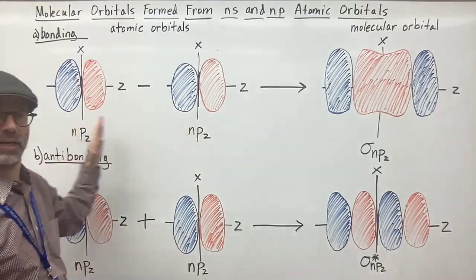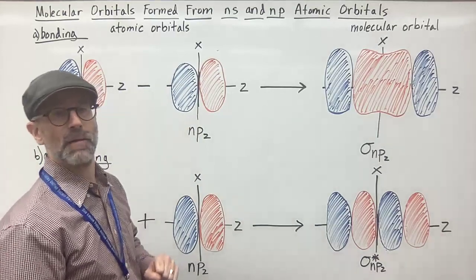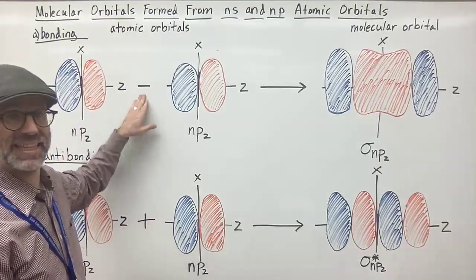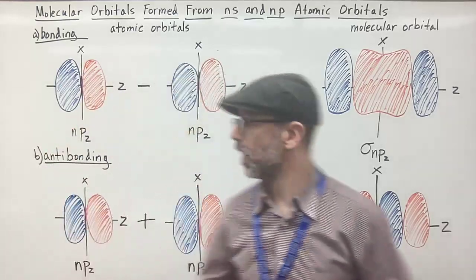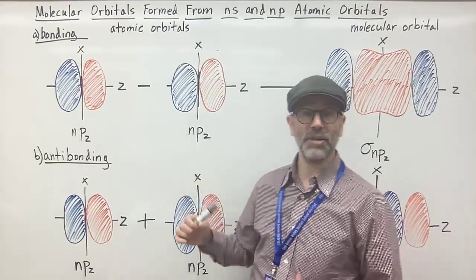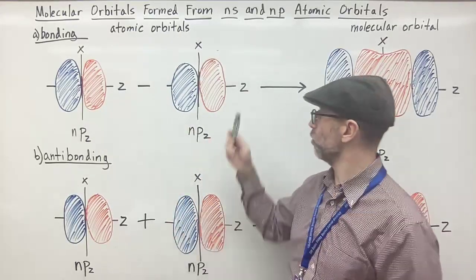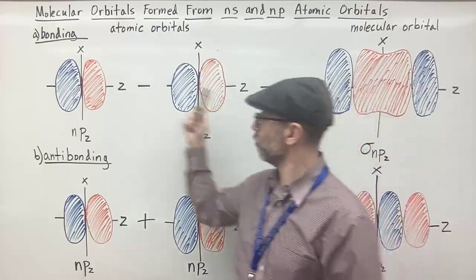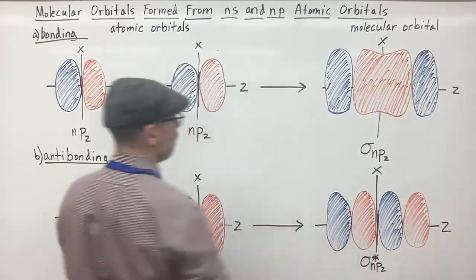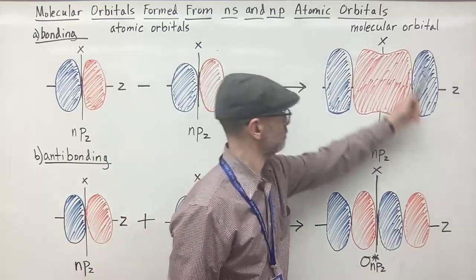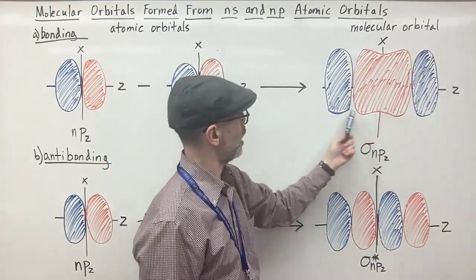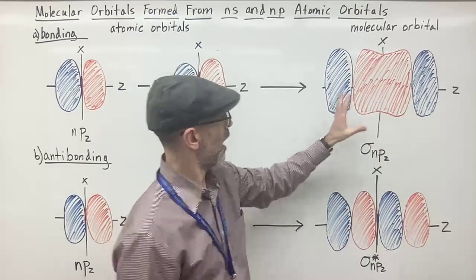But for this one, we're taking the difference of the two atomic orbitals, and in this case, we have an overlap of positive. So the positive is going to overlap with the positive, and that's going to form your molecular orbital here.